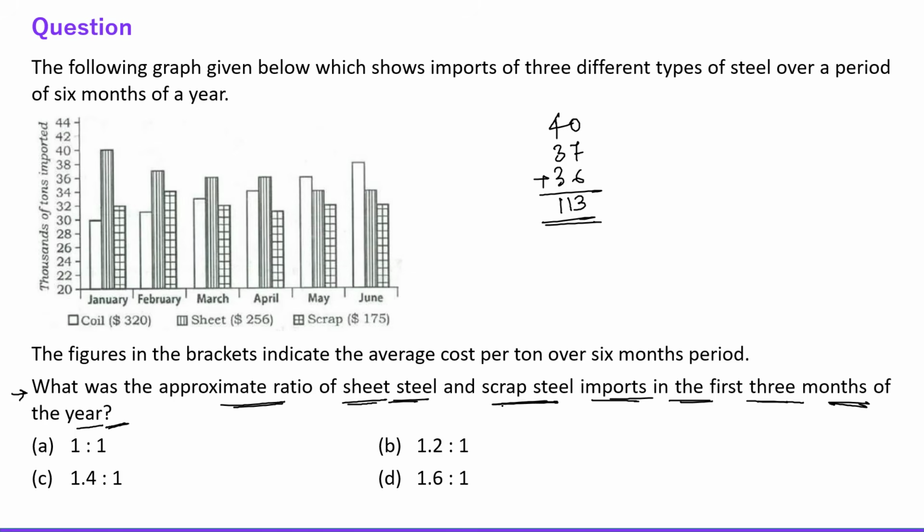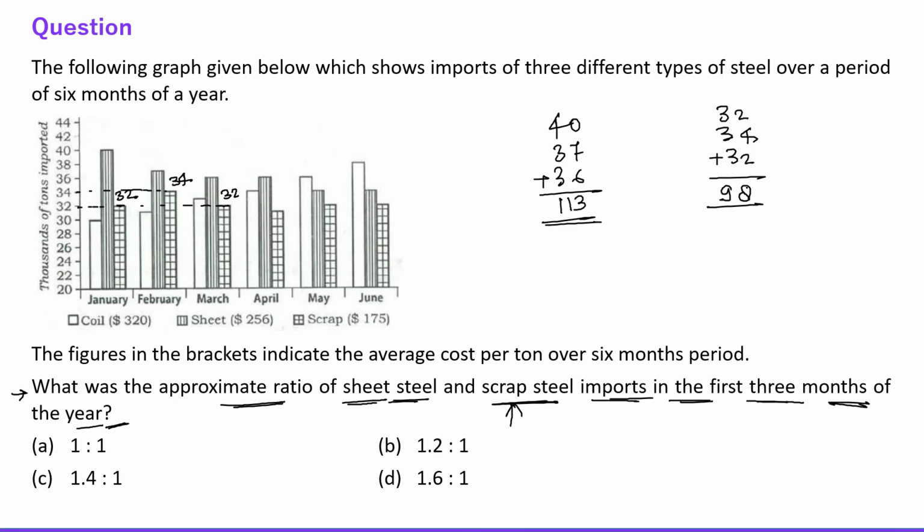And here they are saying scrap also. So scrap for the first 3 months we need to calculate. Here it is 32 and here it is 34 and here again it is 32. So for the first 3 months scrap 32, 34, 32. So this is 98.